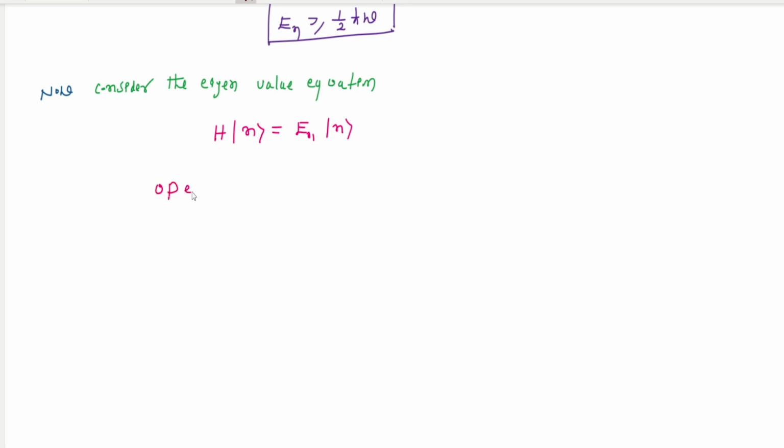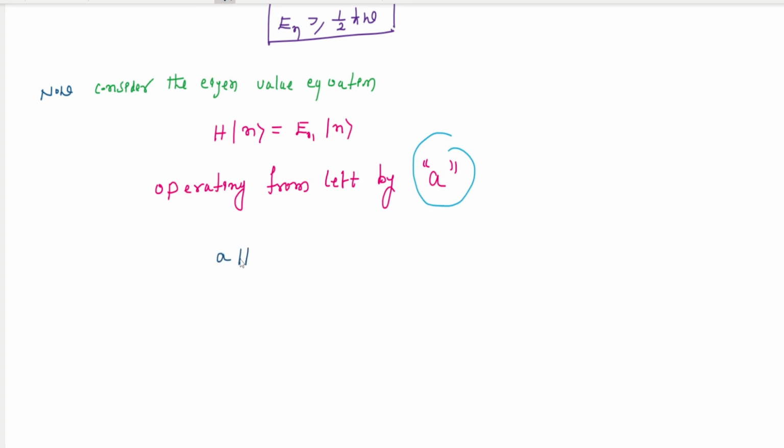Operating from the left side by operator A, I'm going to operate this operator A on the left side of the equation.